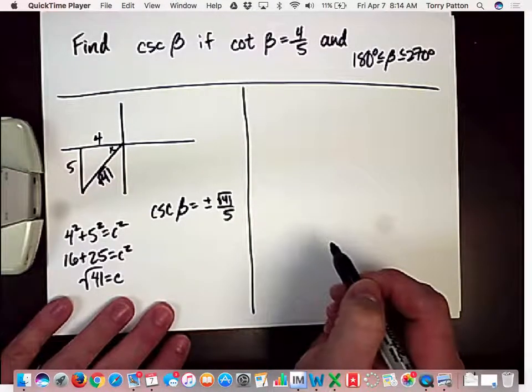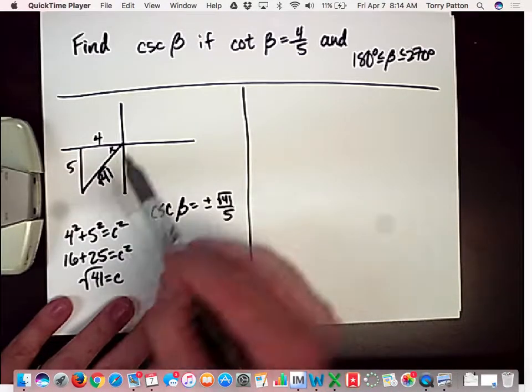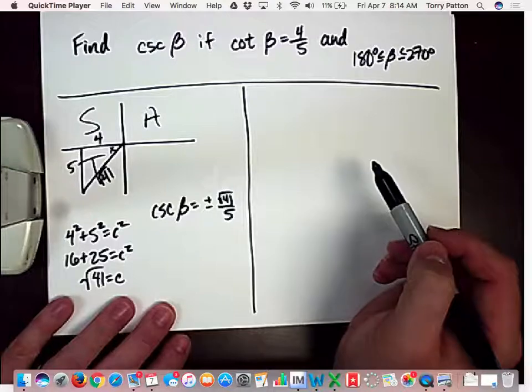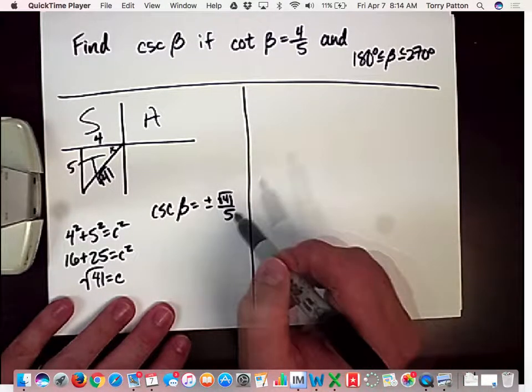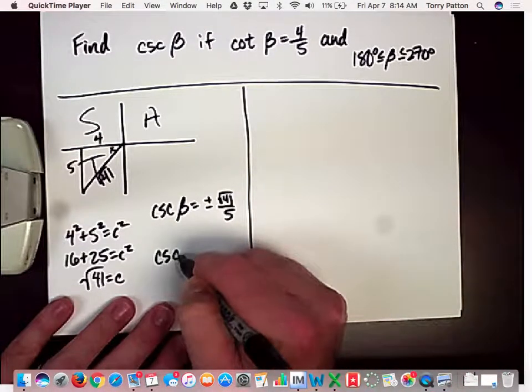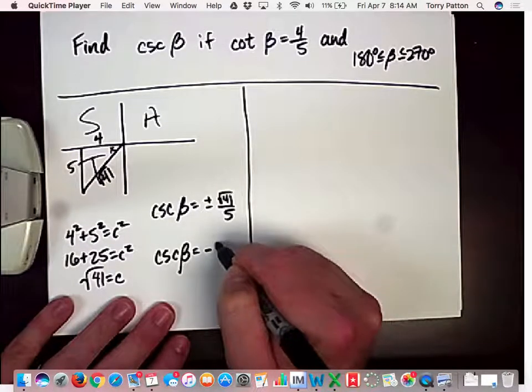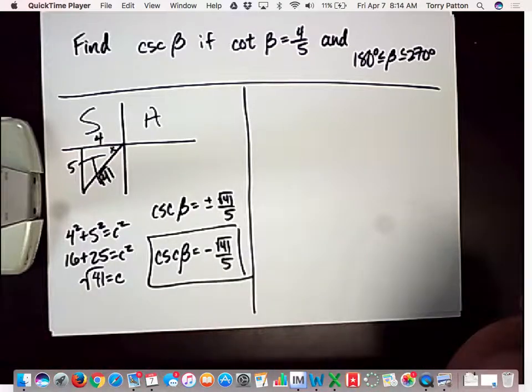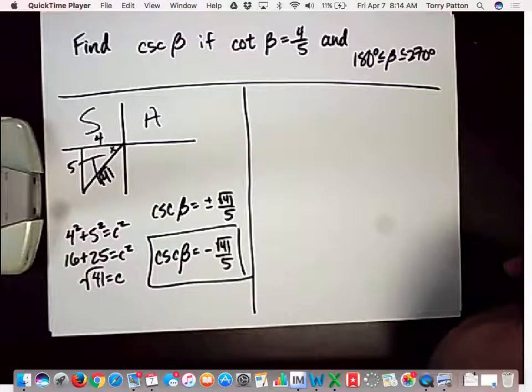Well, is cosecant positive or negative here? Tangent and cotangent are the only things that are positive, so this would be negative square root of 41 over 5. Okay, that's how you knew to do it before.